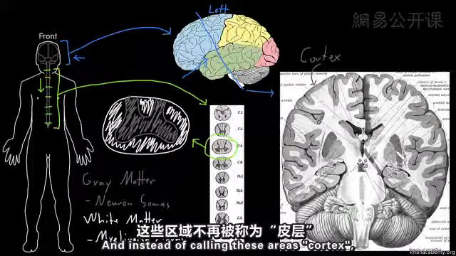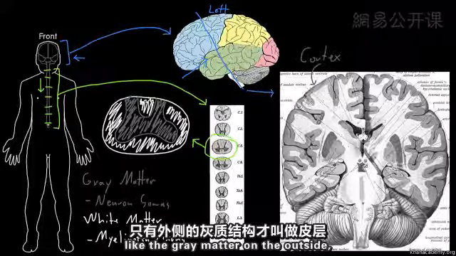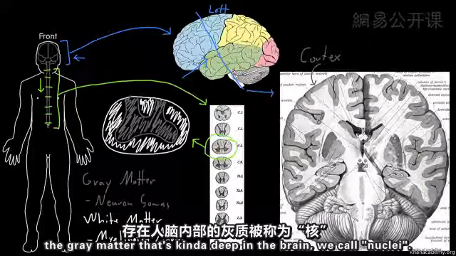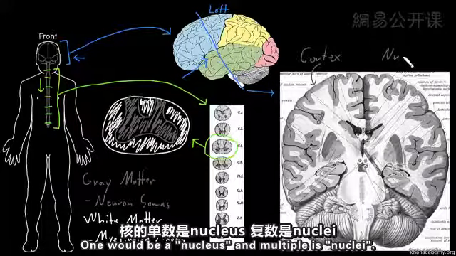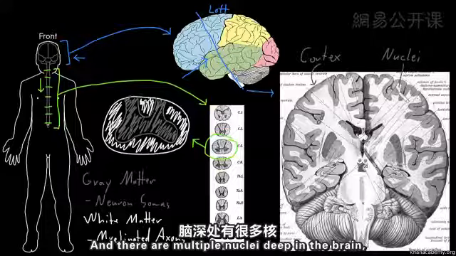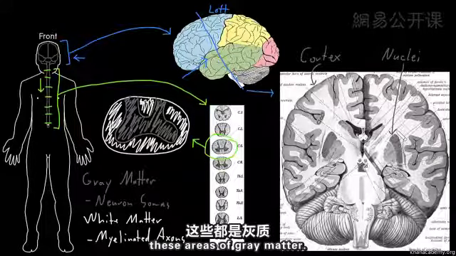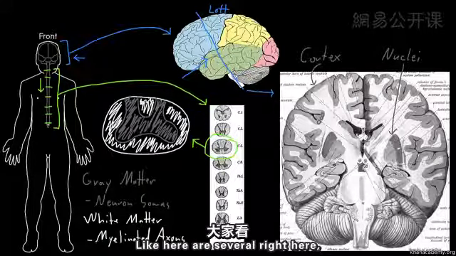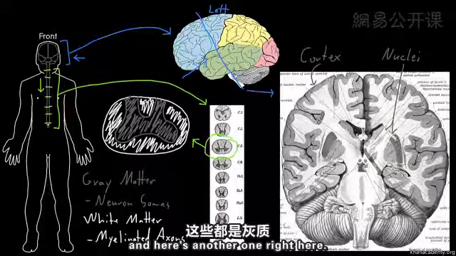And instead of calling these areas cortex, like the gray matter on the outside, the gray matter that's deep in the brain we call nuclei. One would be a nucleus, and multiple is nuclei. And there are multiple nuclei deep in the brain, these areas of gray matter. Like here are several right here, and here's another one right over here.